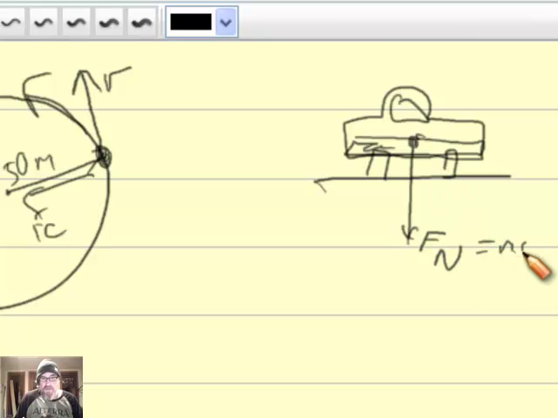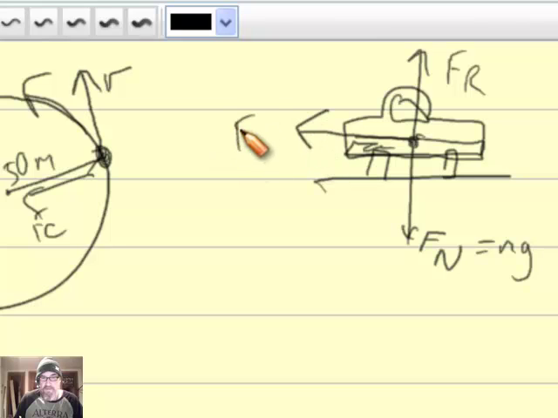We've got a vertical force, and that's just a restorative force. And then the only other force acting here is the force of friction, which is acting here and here to keep the car from sliding off the road. Well, that force of friction is the centripetal force as well. That is what makes it go in a circle.